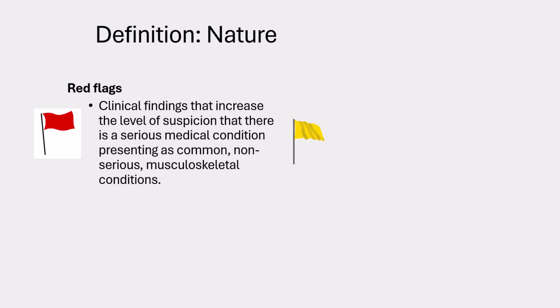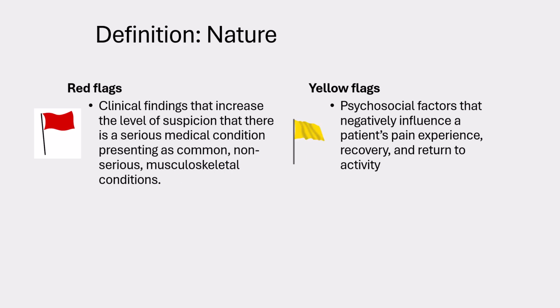One other important category of information you wish to consider is the conditions warranting special caution or action. I'm referring to the red flags and yellow flags here. For those of you who may be unaware of what red flags are, red flags are clinical findings that increase the level of suspicion that there is a serious medical condition presenting as a common, non-serious musculoskeletal condition.